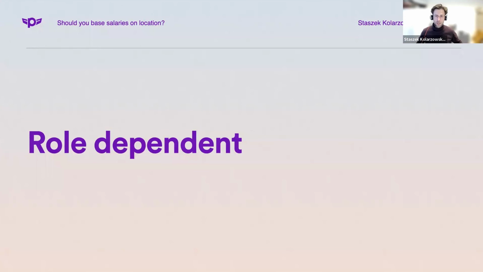So you end up with a situation where all your engineers earn the same money regardless of location. The engineer in Brazil is going to earn exactly the same as the engineer in San Francisco. But the sales team will be benchmarked not for San Francisco, but for a different market. Or the support team is benchmarked for Brazil, for example. So it is still location dependent, but at the department or role level.